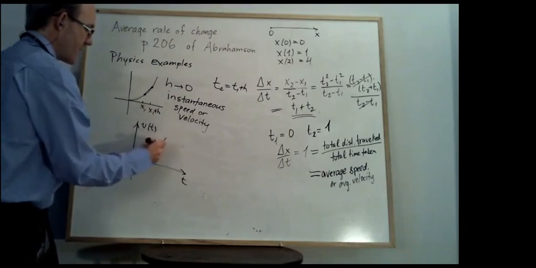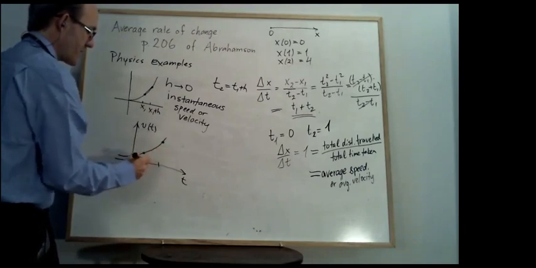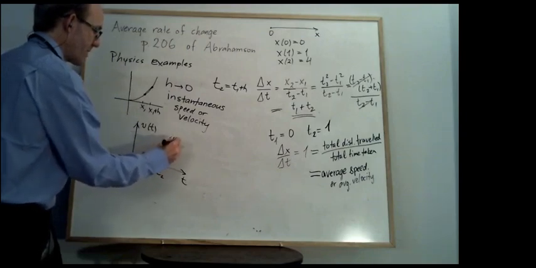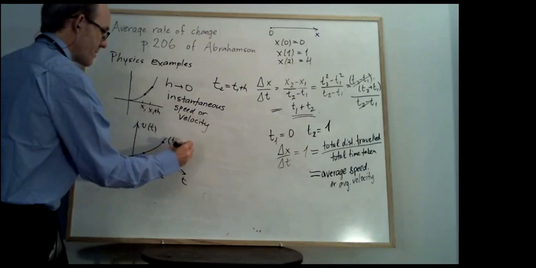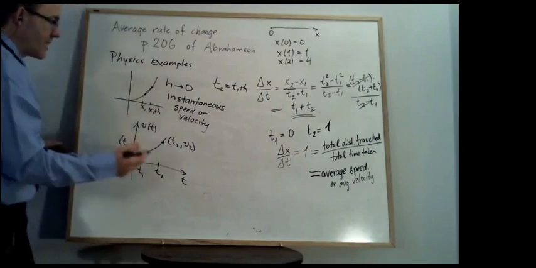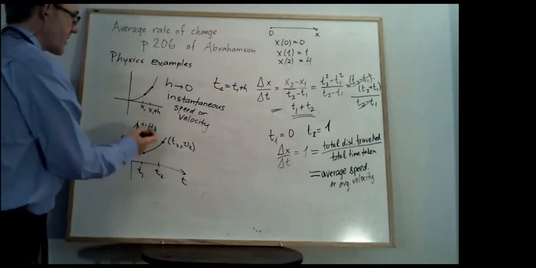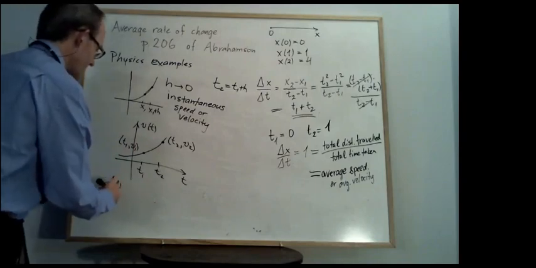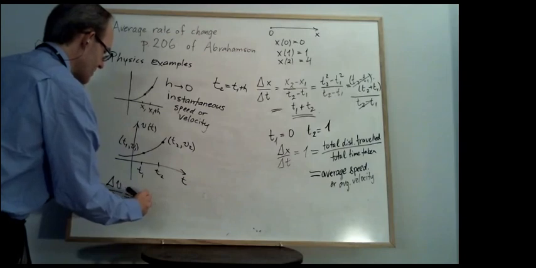Then if you take the velocity at t2, v2, and t1, v1, and take the average rate of change of velocity with respect to time, that's going to be called the average acceleration.